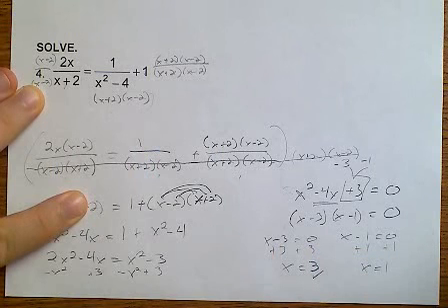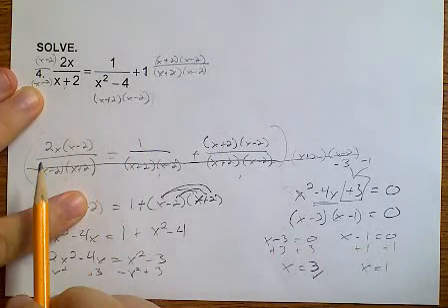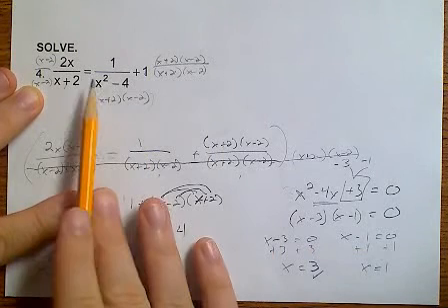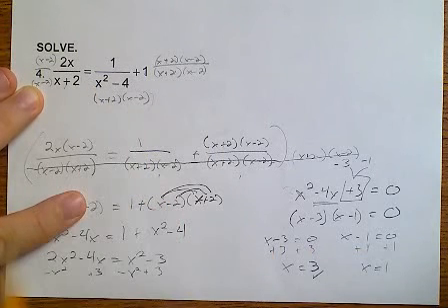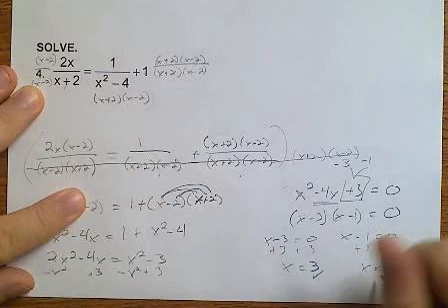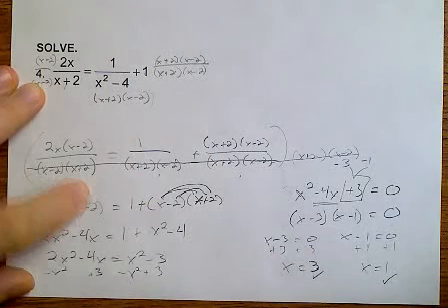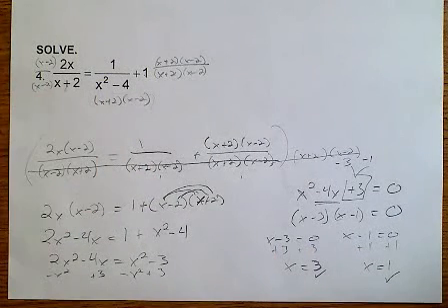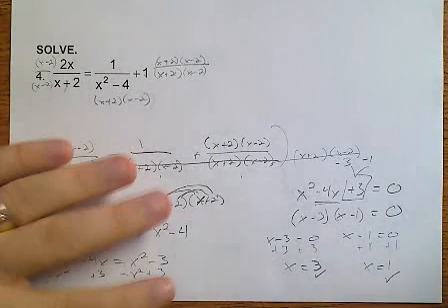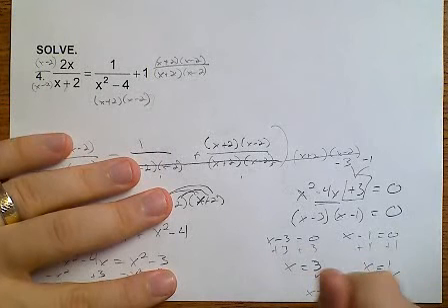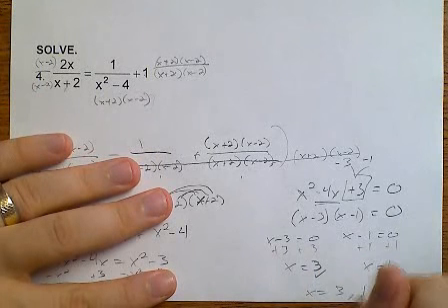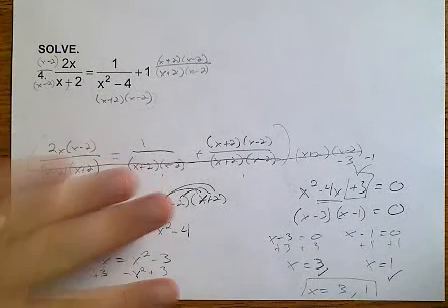Let's try the 1. 1 plus 2 is 3, not 0. 1 squared is 1 minus 4, also not 0. So neither of these turned out to be 0, which means that none of them are a hole or asymptote that we have to worry about. So that means that x equals both 3 and 1. And so that's our answer for number 4.